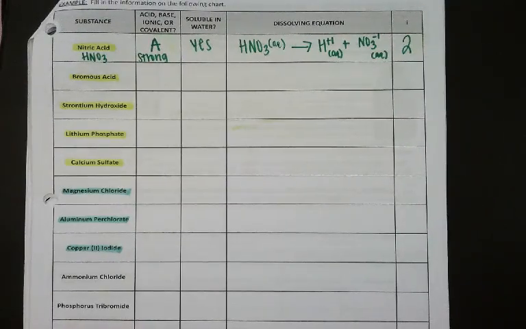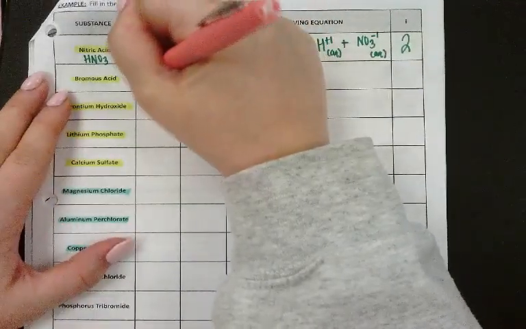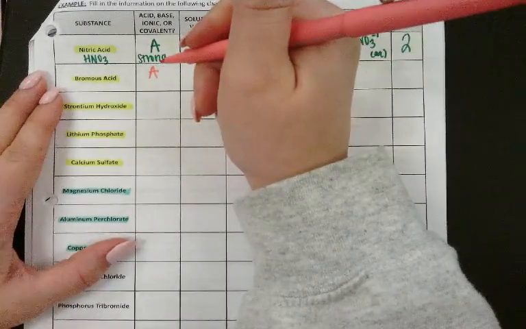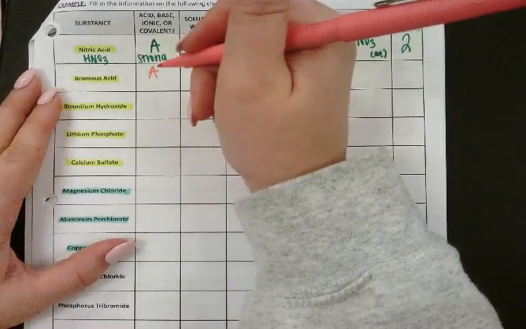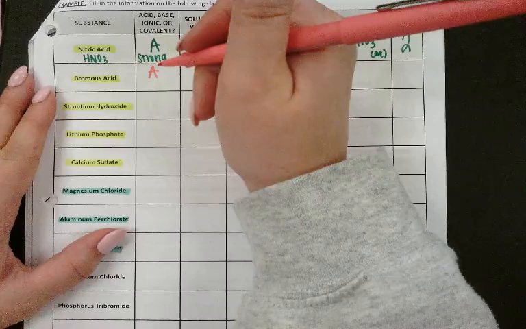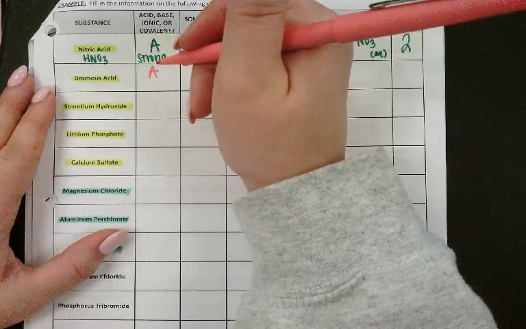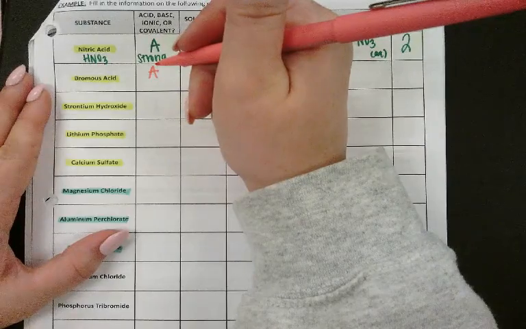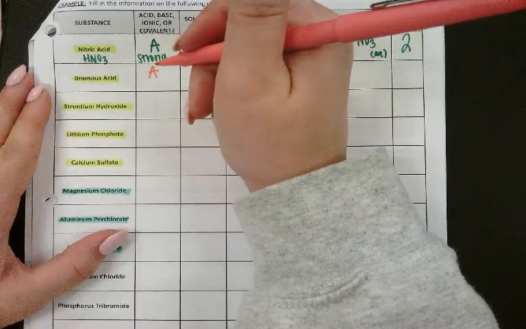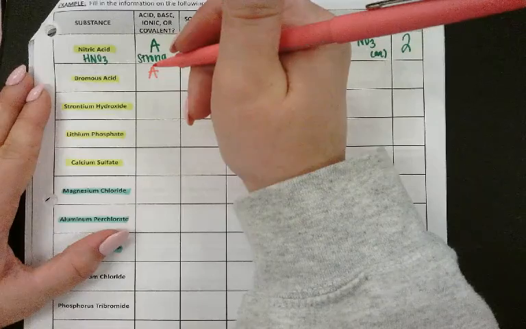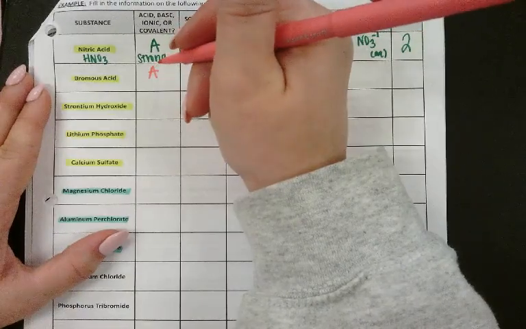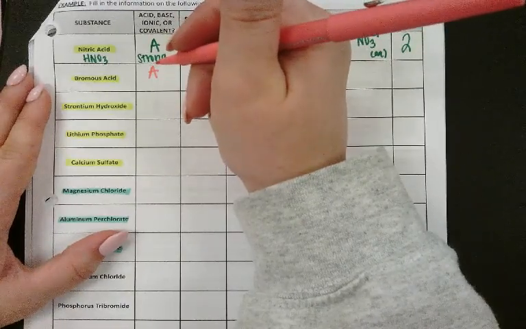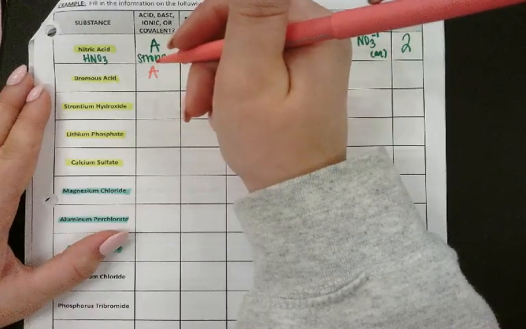Bromous acid. Acid, base, ionic or covalent? Acid. Now, is this strong or weak? What is the formula for bromous acid? If you don't know it, don't ask your friend, just tell me. Remember, I ate something icky all night.